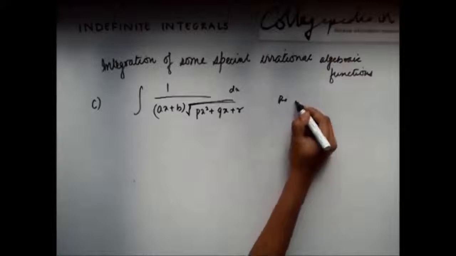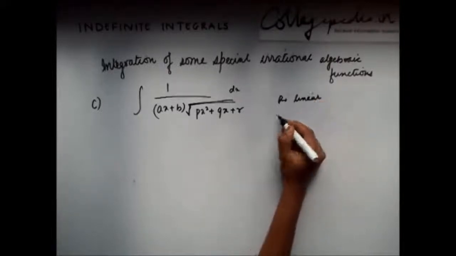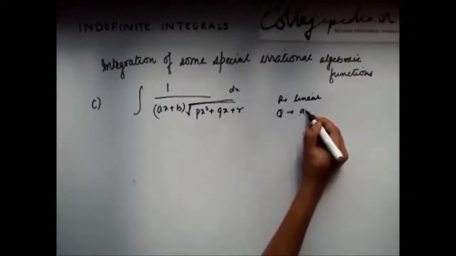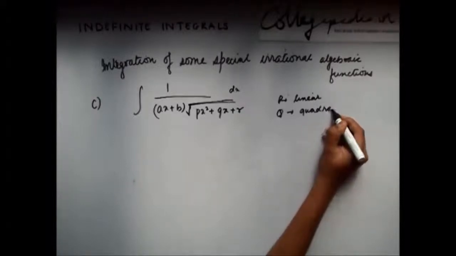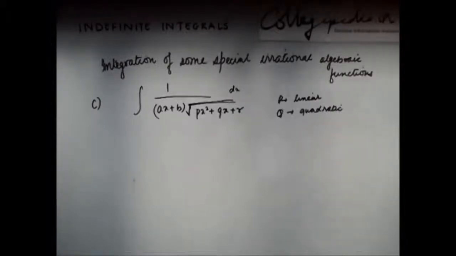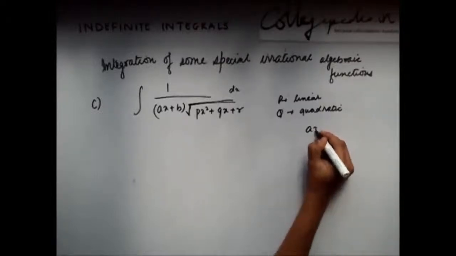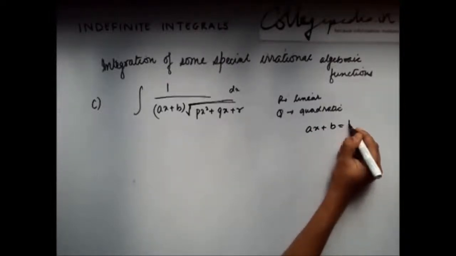So my p is linear and my q is a quadratic. Now in this type of questions, what we do is we substitute ax plus b as 1 by t.